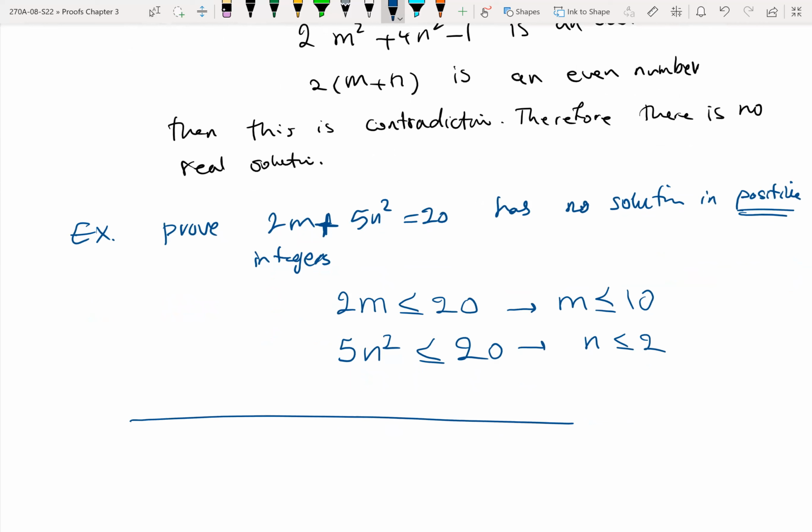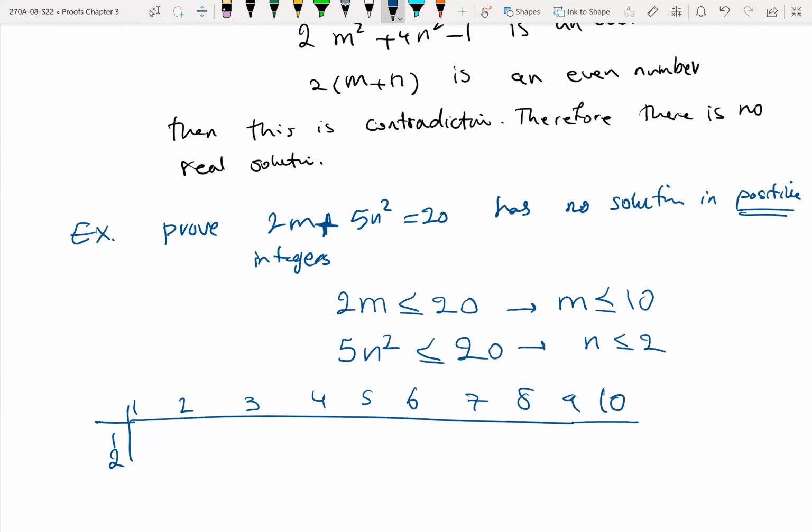You can test m to be 1, 2, 3, 4, 5, 6, 7, 8, 9, 10, and n to be either 1 or 2, positive integers. So that's why we have only 1 and 2 as possibilities.